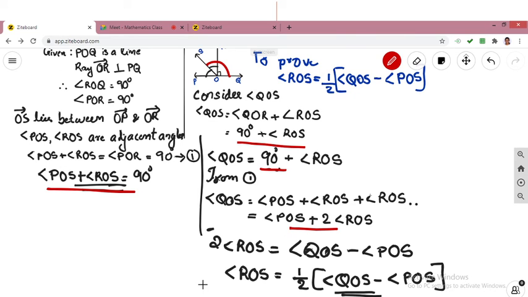So, we solved the question. Here you can use any way, but your conclusion should come like this. You need to prove the theorem. You need to prove that angle ROS is equal to half into angle QOS minus angle POS. You can use any method, using any logical reasoning, but the only thing is you need to arrive at this conclusion. Okay.